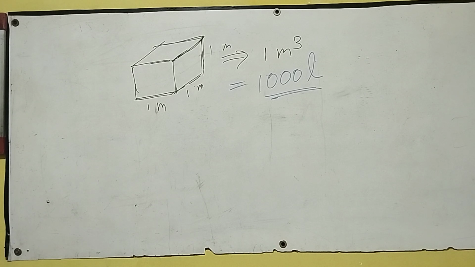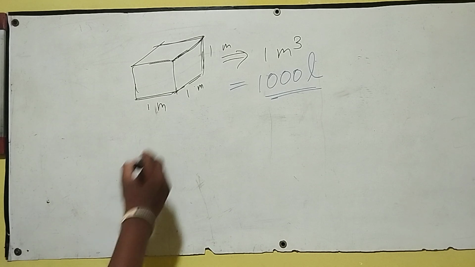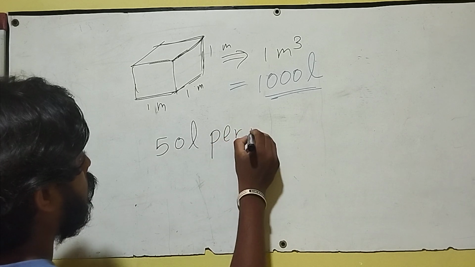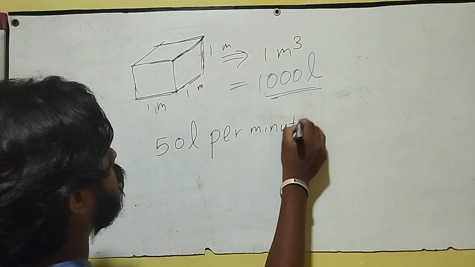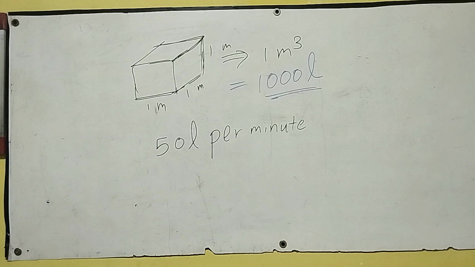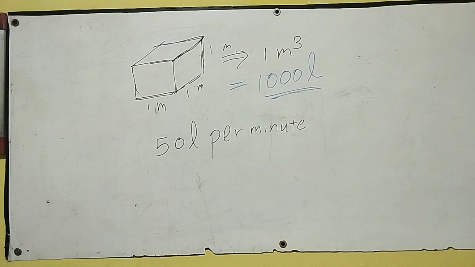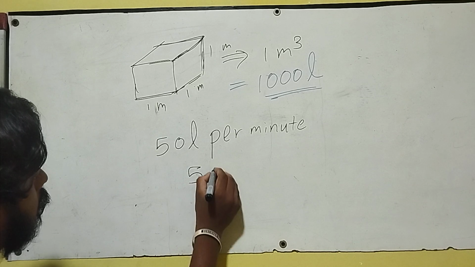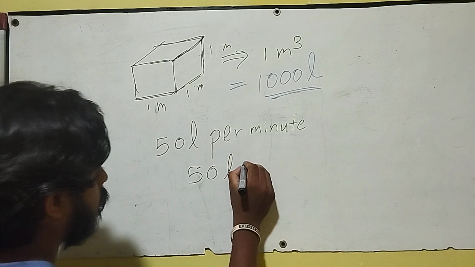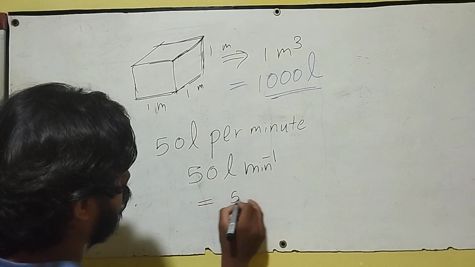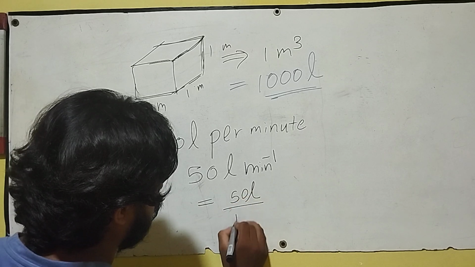And they are telling about the additional thing: water flows out from the tank at a constant rate, 50 liter per minute. What is this? 50 liter per minute.